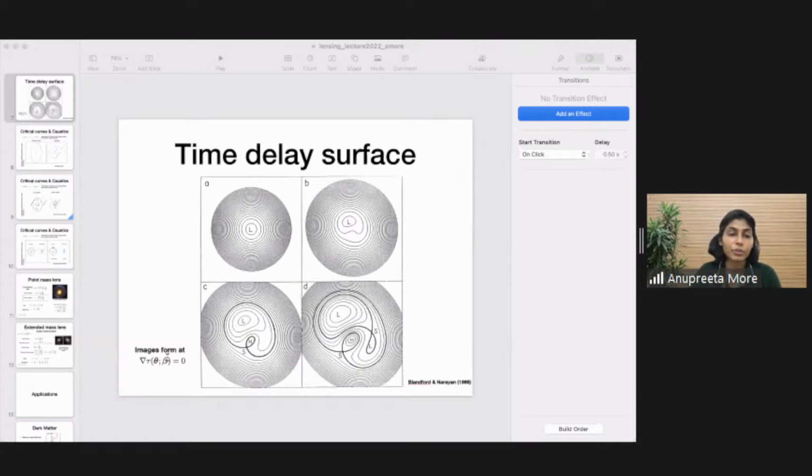And so, with the help of these time delay based lens systems, we can constrain what the actual value of the Hubble constant is much more accurately.